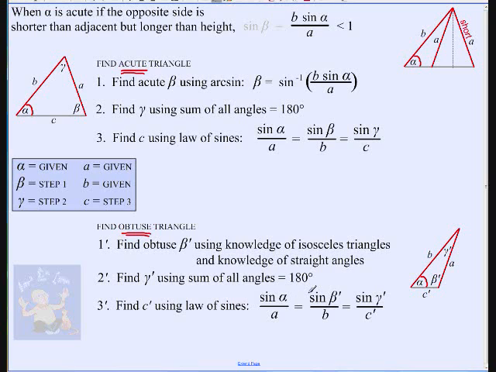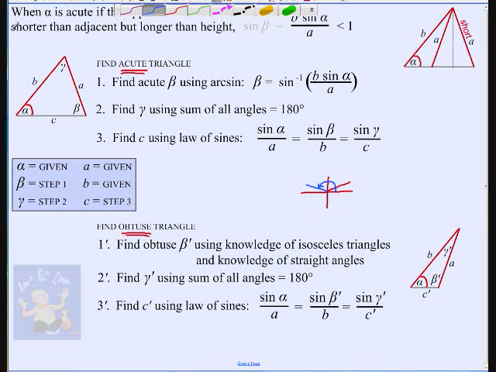And you remember how we did that. We actually haven't done it using our knowledge of isosceles triangles and straight angles. We could. What we've been doing is finding our reference angle, then putting the reference angle in the second quadrant to figure out the obtuse angle.